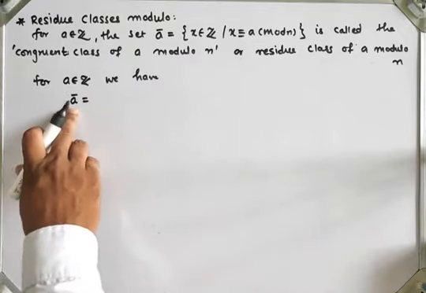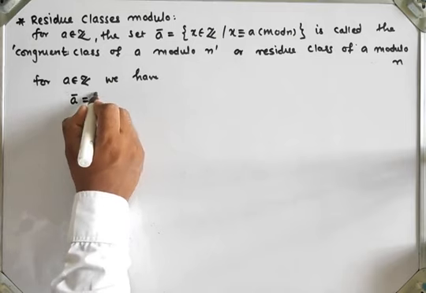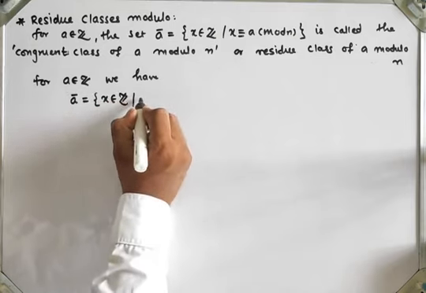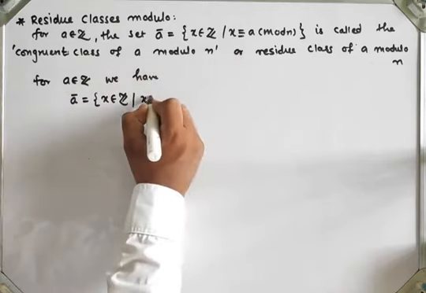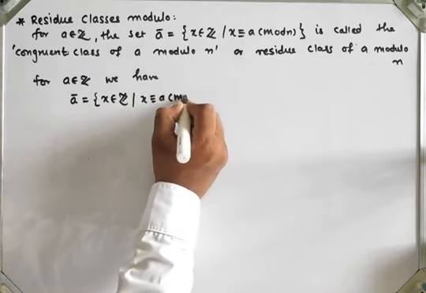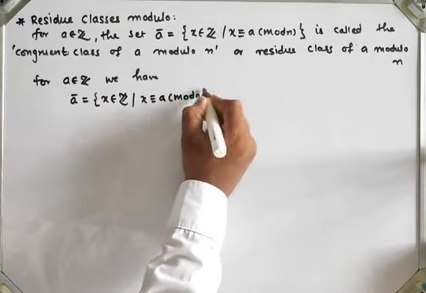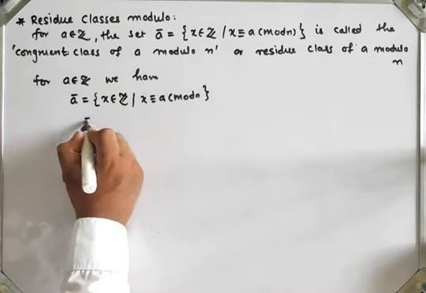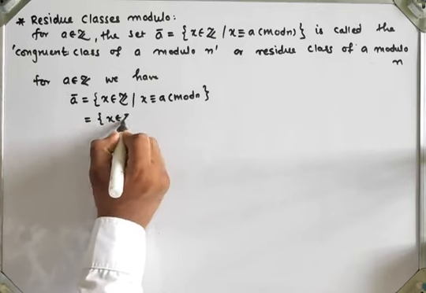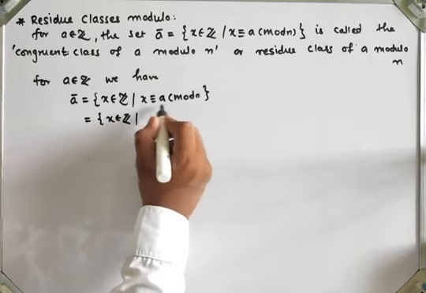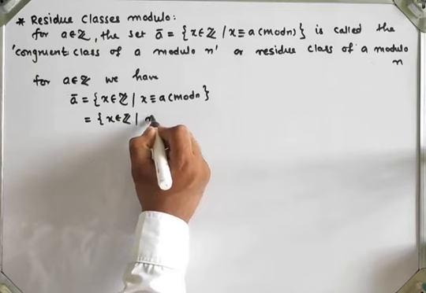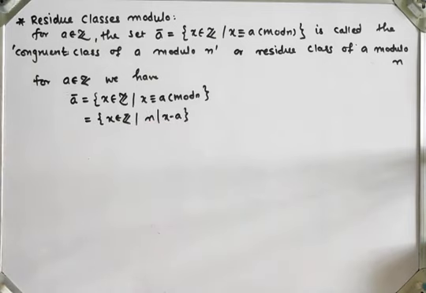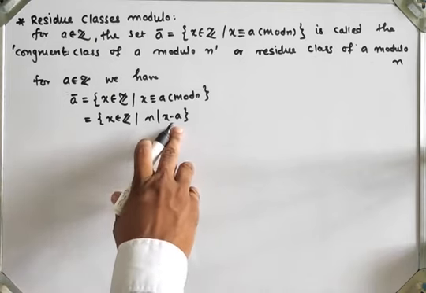Sorry, this is not an equivalence class here, it is the residue class of a modulo n, which is nothing but the set of x belonging to integers such that x is congruent to a modulo n. Then by using the definition of congruence, n divides x minus a.